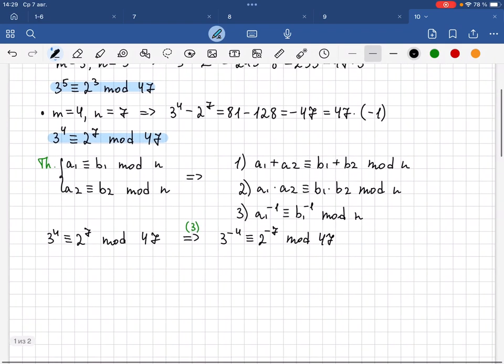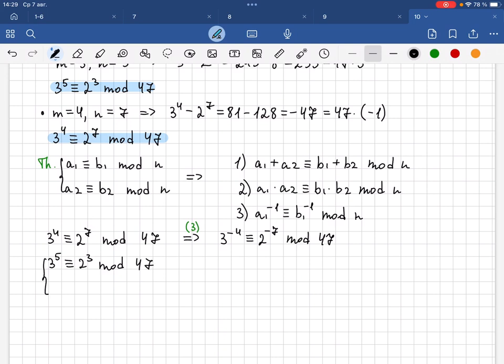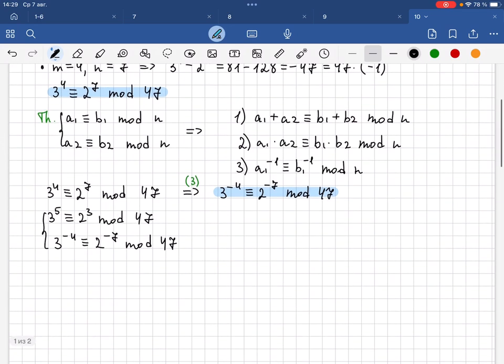Now let's take our other result. So 3 to the power of 5 equals 2 to the power of 3 mod 47, and 3 to the power of minus 4 equals 2 to the power of minus 7 mod 47.